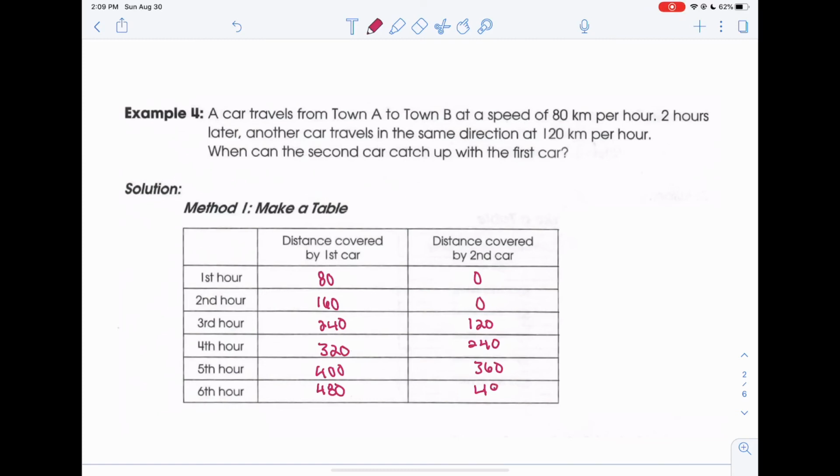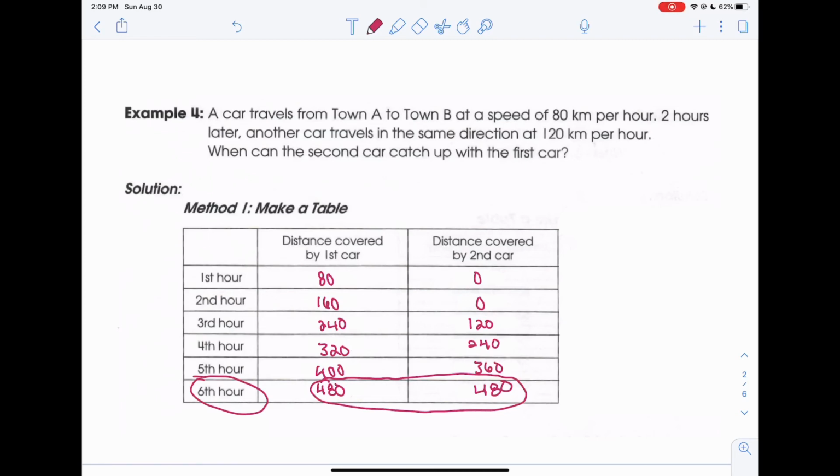So if we look at our table, we see that the distance traveled by both of them, whenever they are the same, is when they have caught up. And in the 6th hour, we know that they have caught up. But it's asking when can it catch up with the first car. But we know that the second car only started driving in the 2nd hour.